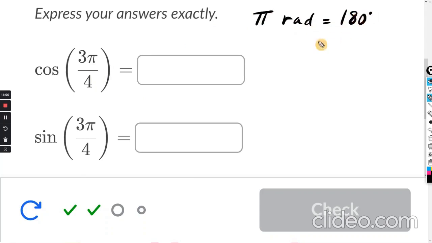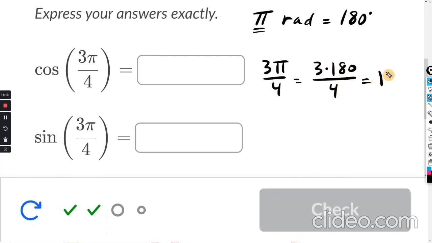All right, so the simplest way is to just plug in 180 where you see the pi. So 3 pi over 4 is equivalent to 3 times 180 divided by 4. And that just equals 135 degrees.